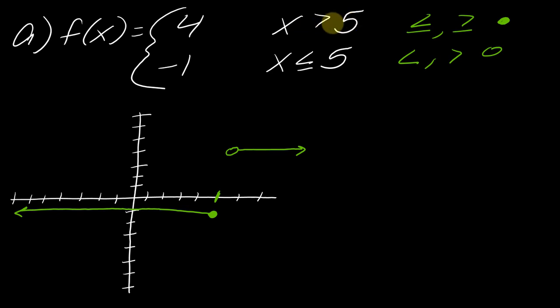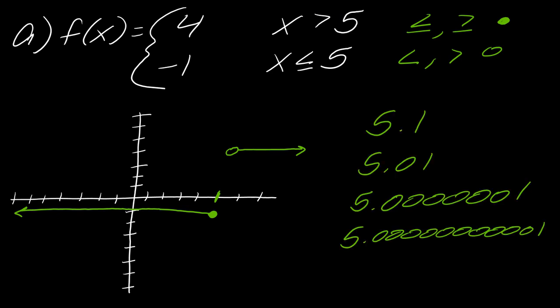So just to make this nice and clear, we would have to also include 5.1, 5.01, 5.00001. You could have like 100 zeros and then a 1. So to the human eye, it will look like we're basically at 5. We want to be as close to 5 as possible without actually touching it. So we have to be able to absorb all of these possibilities here.